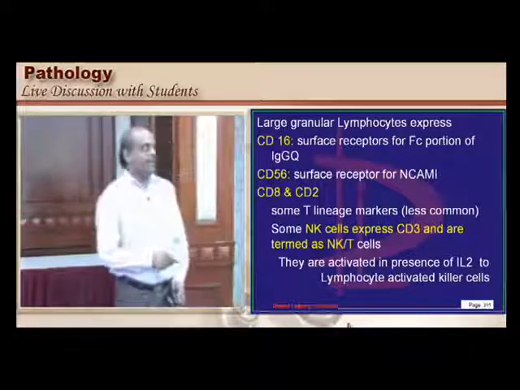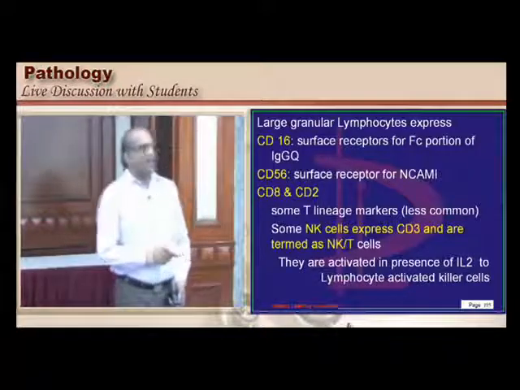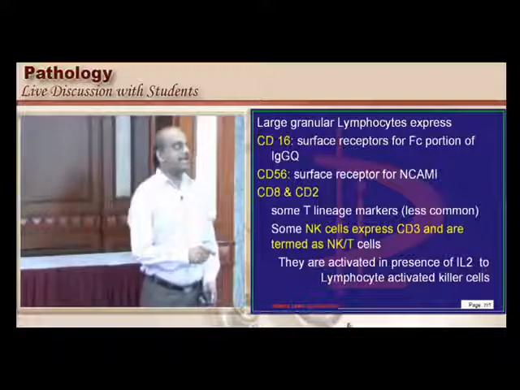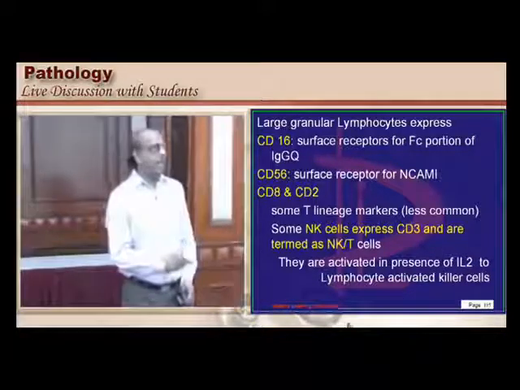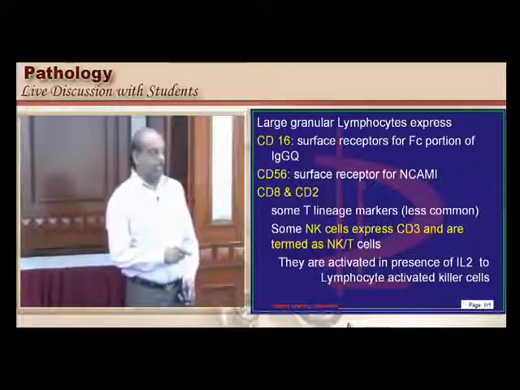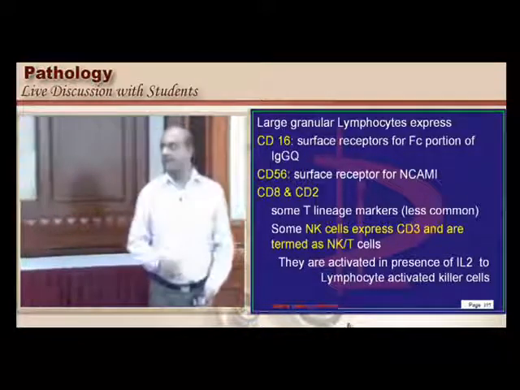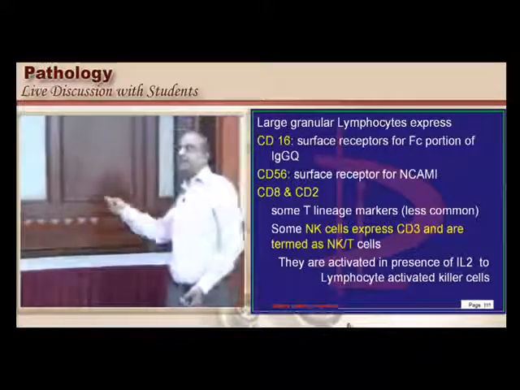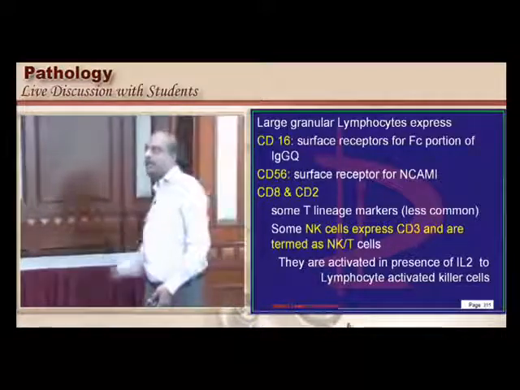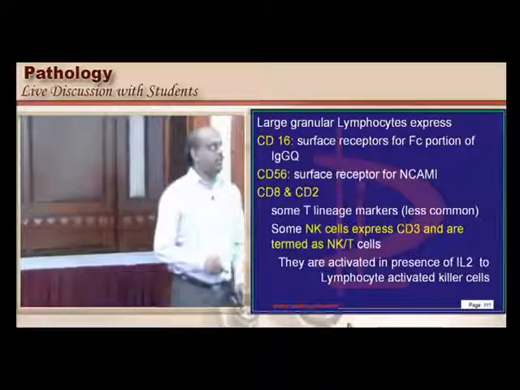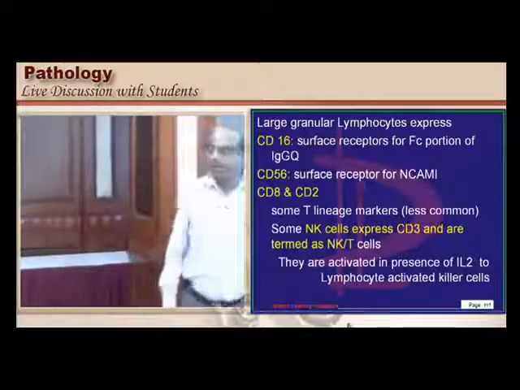And some NK cells will also express CD3, and they are called NK T cells, and they become activated by interleukin 2, and they are also called lymphocyte activated killer cells, a name given for this special type of NK cells which show CD3 positivity and which are basically stimulated by interleukin 2, is what needs to be remembered.